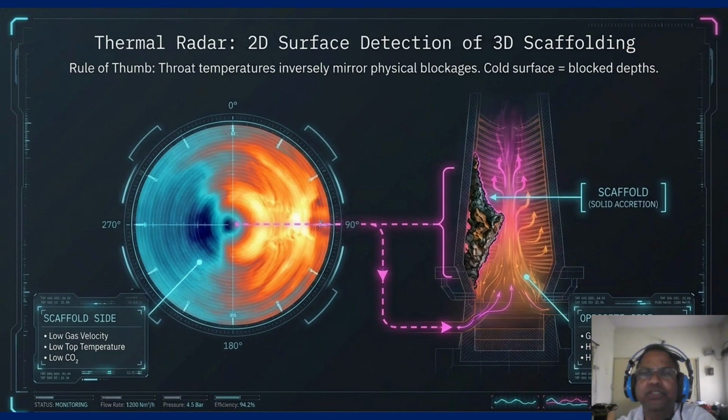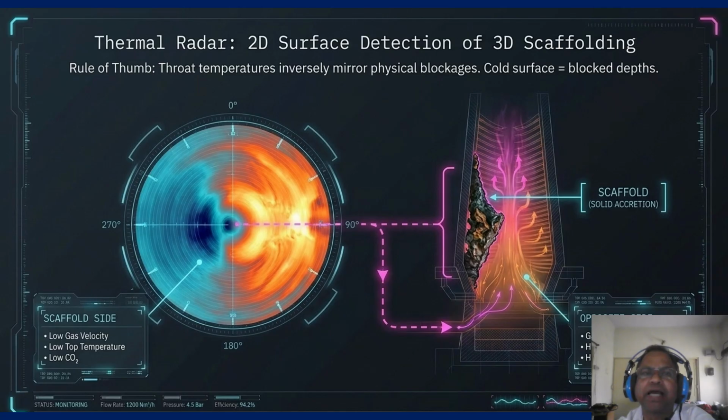Look at this 2D thermal radar on the left. The deep blue crescent at the 270 degrees mark indicates a cold spot. Now look at the 3D cross section on the right. That cold spot perfectly mirrors a scaffold or solid accretion clinging to the wall.